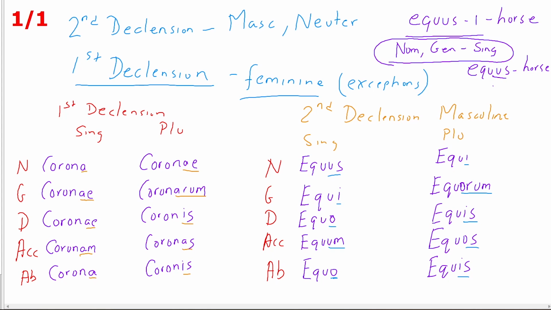In the plural, you see there is more similarity, right? For example, here coronarum becomes orum over here. What is arum in the first declension becomes orum in the second. The dative plural and ablative plural remain the same in both the declensions. What changes is in the accusative plural, this as becomes os.